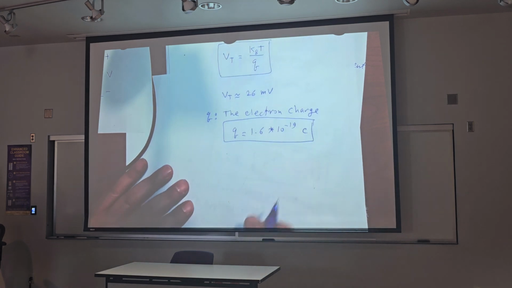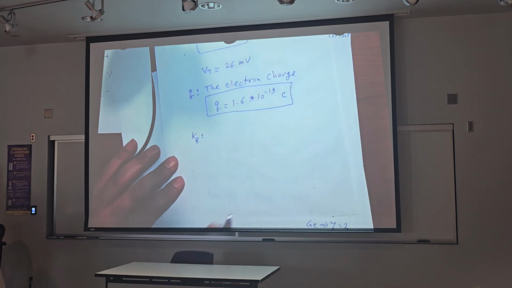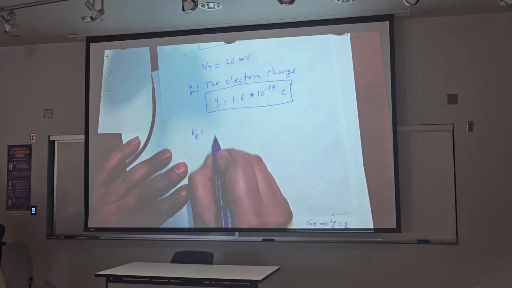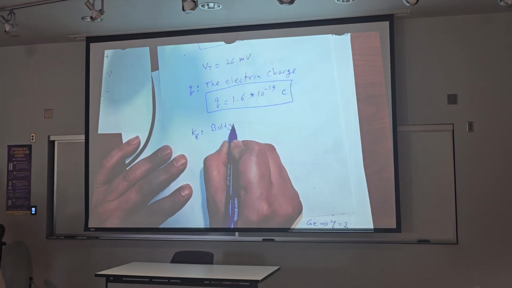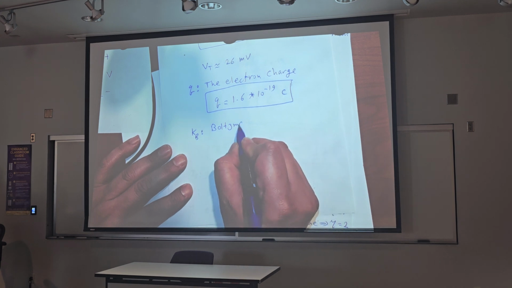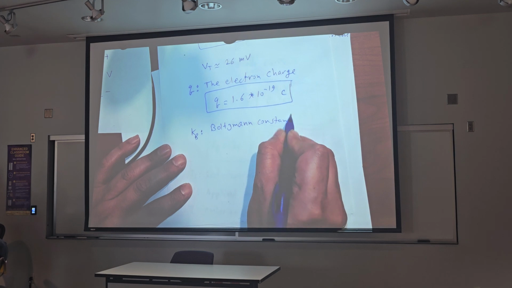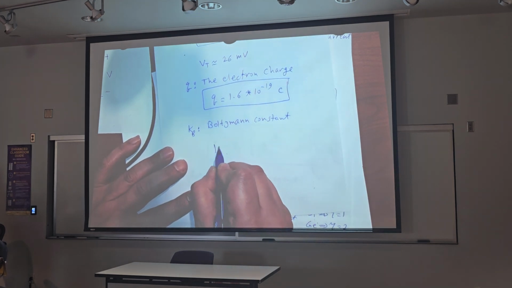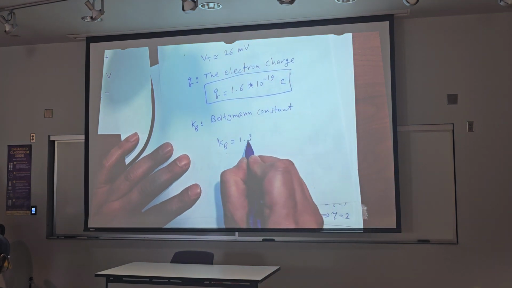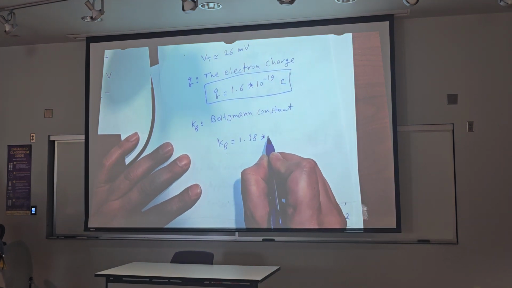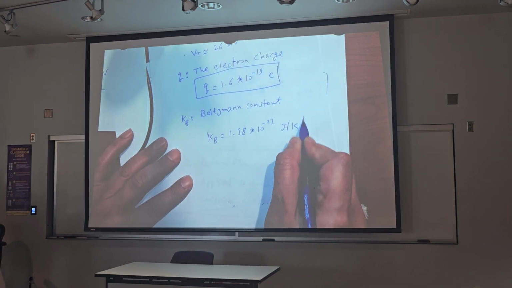Now, KB is also a constant, where KB equal 1.38 times 10 power minus 23 joule per Kelvin.